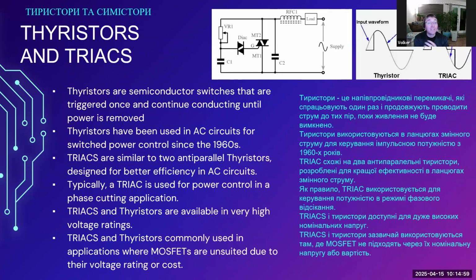So the diode is one PN junction, a transistor is 2 PN junctions, a thyristor is 3 PN junctions. It is a device that is basically triggered once and keeps conducting. And normally you would think, what good is that? Like you can only use it once as a switch.